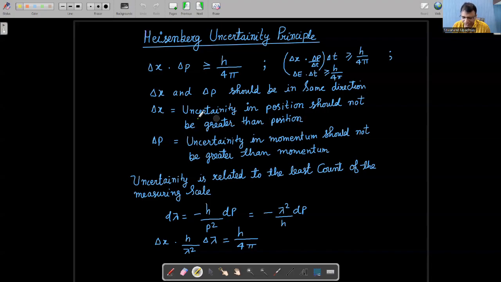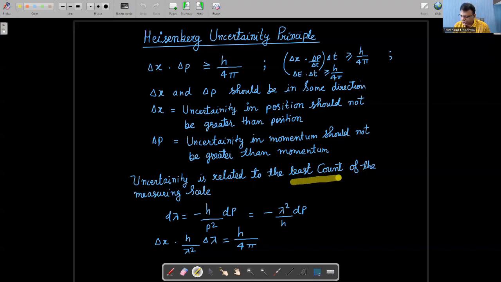So uncertainty in position should not be greater than position itself, or uncertainty in momentum should not be greater than momentum. The maximum value of uncertainty is equal to the position: delta X is equal to X, that is the maximum value, or delta P is equal to P. Delta P cannot exceed P, delta X cannot exceed X. So uncertainty is related to the least count of the measuring scale.